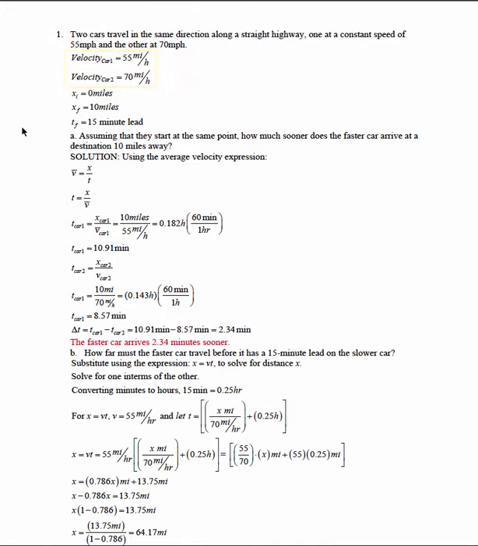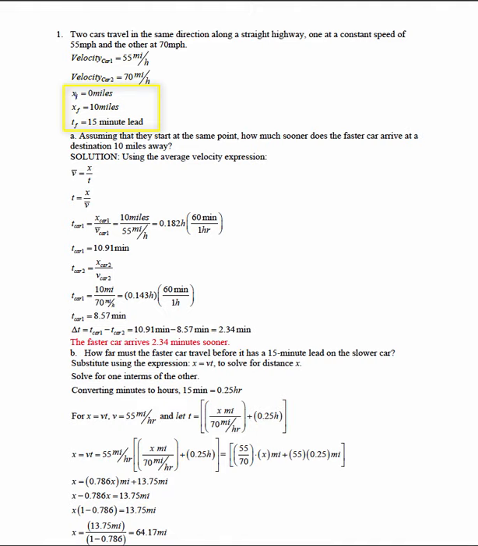Initially we have a distance of 0 miles and a final distance of 10 miles. We have a time final with a 15-minute lead here. These are all given to us in the problem.